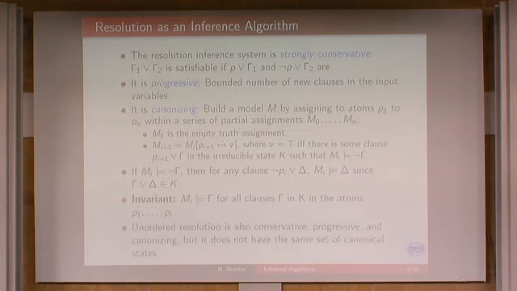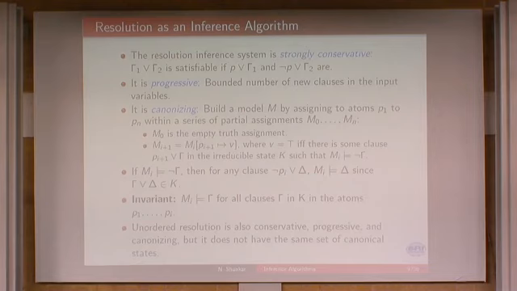So why is this progressive, conservative, and canonizing? It's conservative because when you add this new clause, it's just as satisfiable as the input. That is, if these two are satisfiable, then clearly, in any satisfying assignment, one of P or not P must be assigned true.